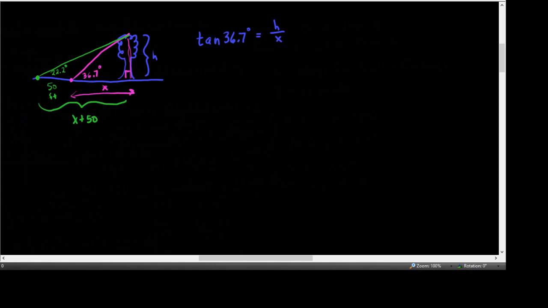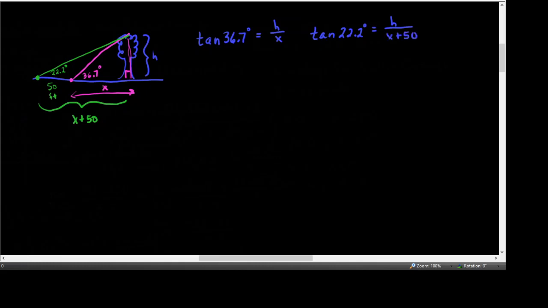So let's write a true relationship using 22.2 degrees, the x plus 50, which is adjacent, and h, which is the opposite. And again, the relationship is that the tangent of 22.2 degrees is opposite h over adjacent x plus 50.